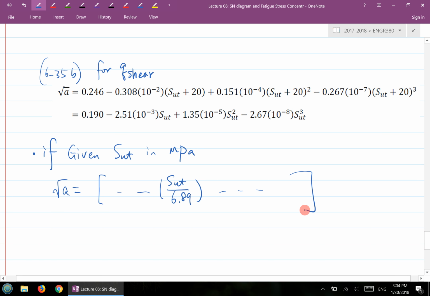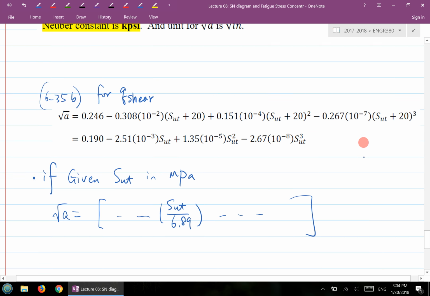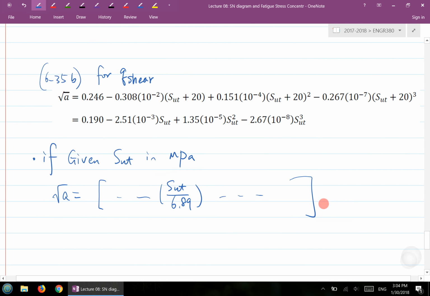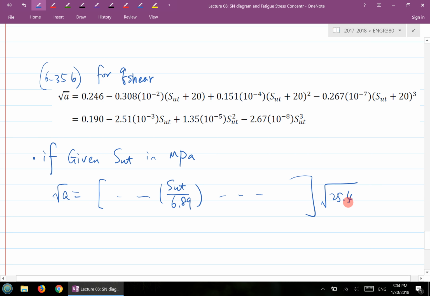At the same time, at the end of the term here, also multiply by the square root of 25.4, because 1 inch is 25.4 millimeters. So if you're given SUT in megapascals, you need to use this formula for calculating the Neuber constant, and consequently the Q and the Q shear.